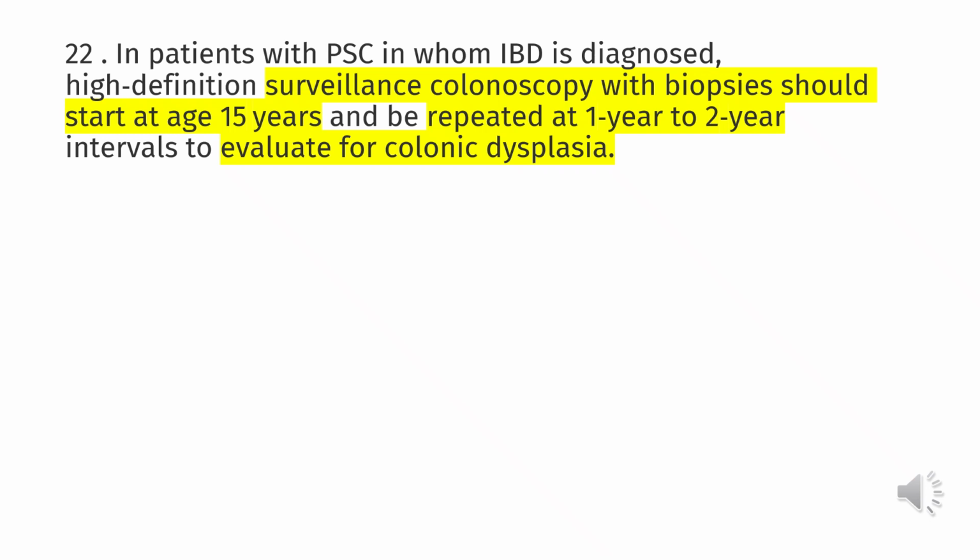For patients with PSC who have an associated IBD diagnosed, we should be obtaining surveillance colonoscopy with biopsies starting at the age of 15, sometimes 18, and repeat this at 1 to 2 years intervals to evaluate for any development of colonic dysplasia.